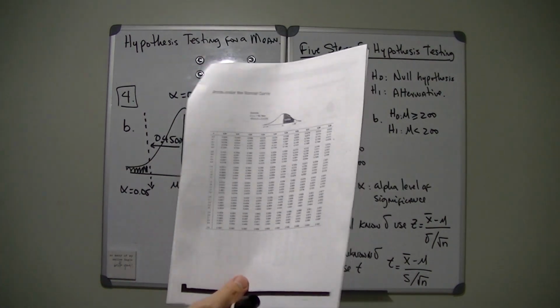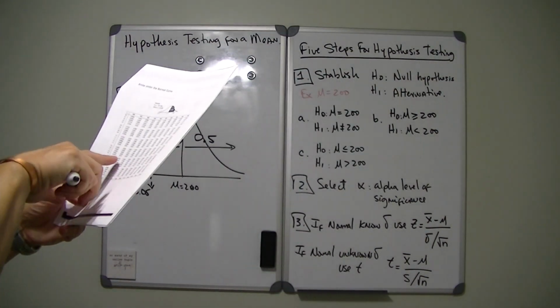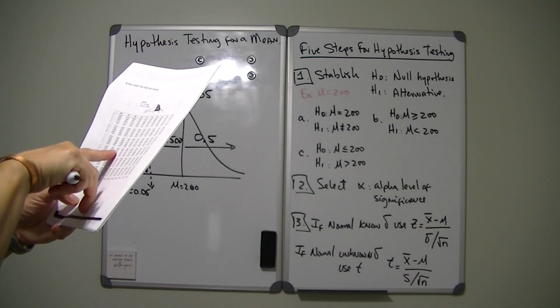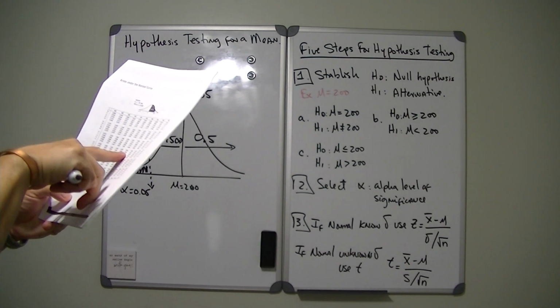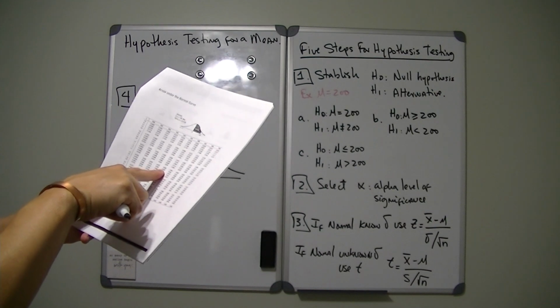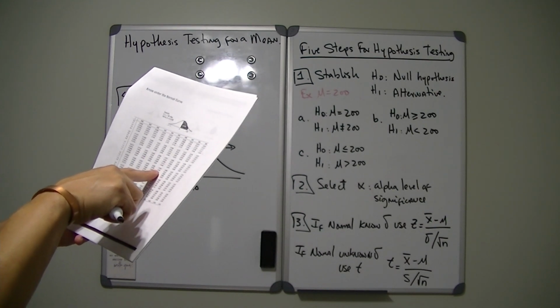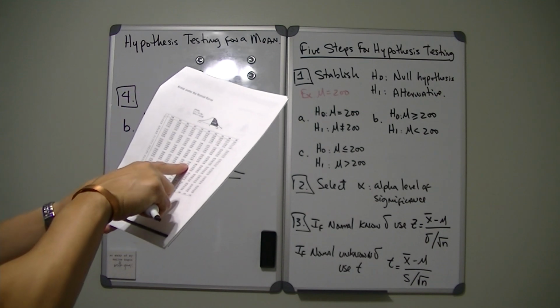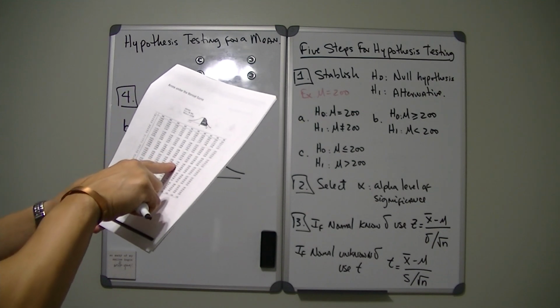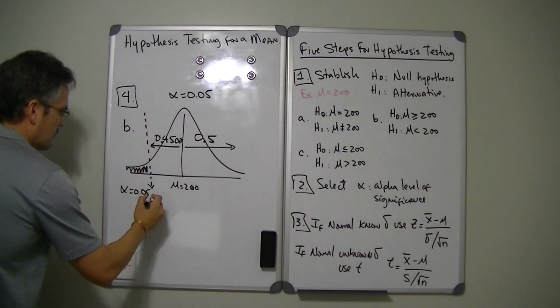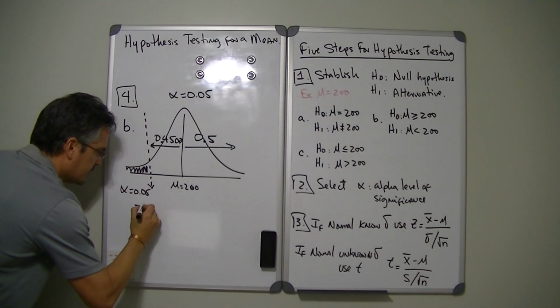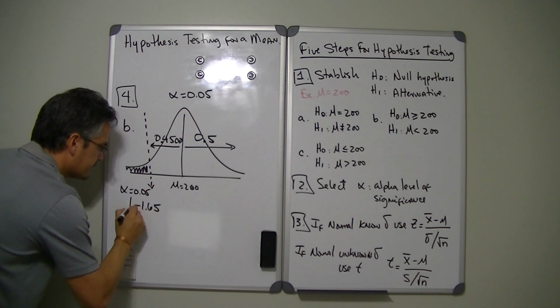Okay? So I'm going to look for 0.45. I see here 0.4495 and 0.4505. So I'm going to use 0.4505 to be inclusive, and that gives me a z-value of 1.65. So we're going to put our z-value as negative 1.65.